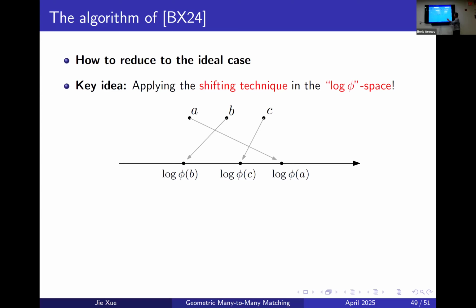Then if you have an interval of length 1 over epsilon, all the points inside that interval have similar phi values. So I want to somehow solve the problem in each interval individually.